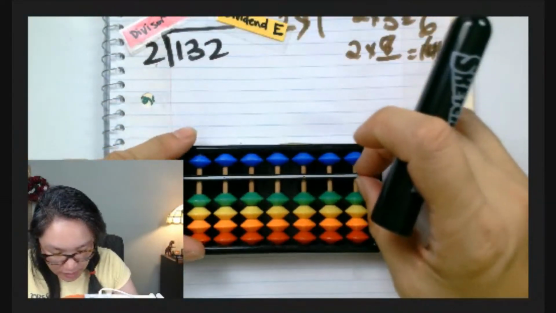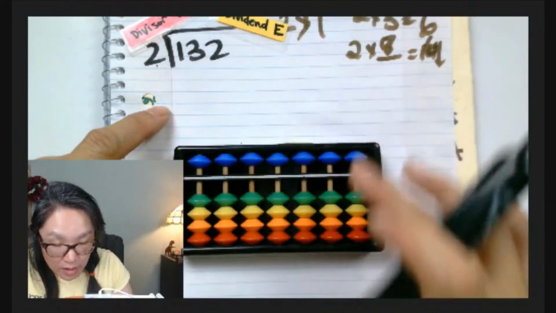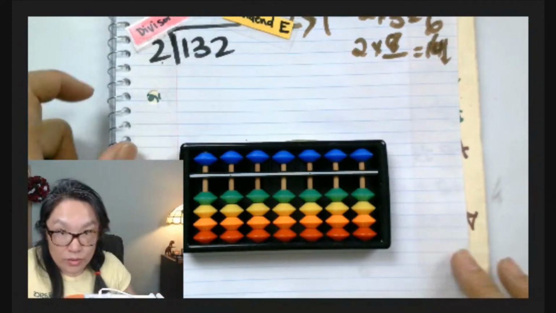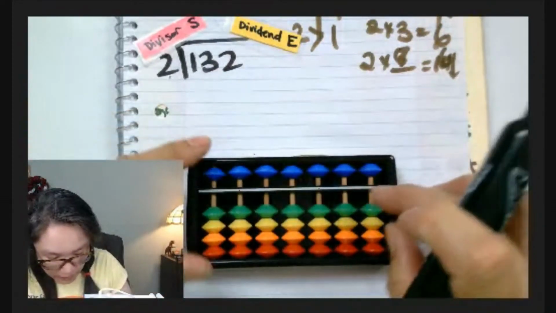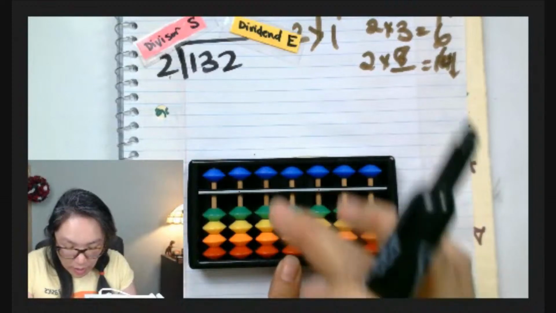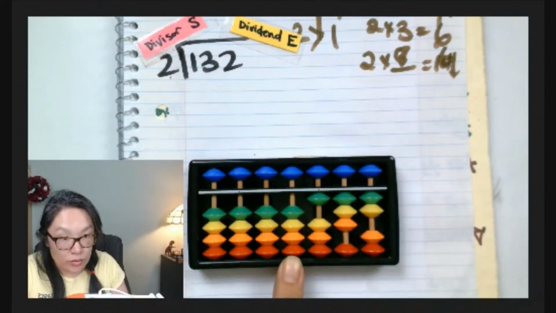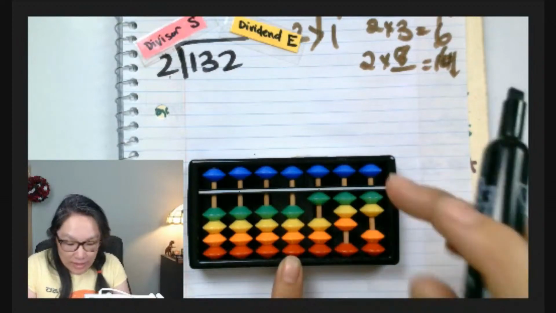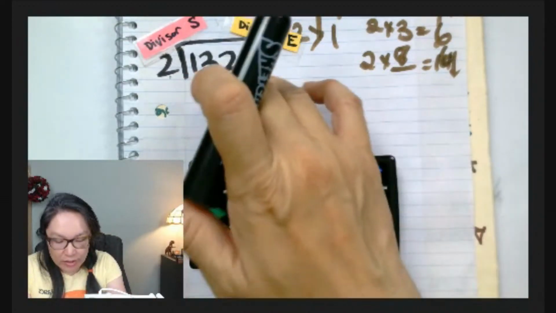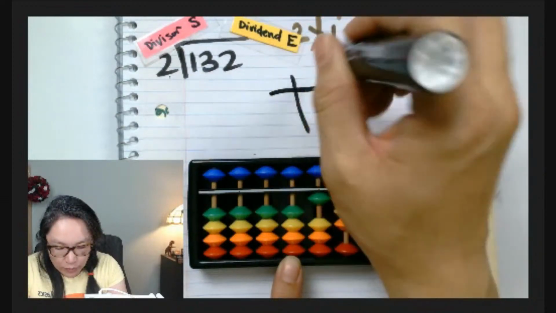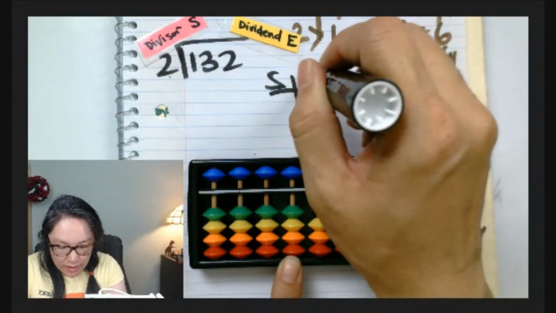Where do I start? I start at 2 because it's the same, right? Okay, I'm going to start at 2. I'm going to put my dividend here: 1, 3, 2. So now I have my dividend here, and I don't need to look at this anymore. When I make up my chart, it's divisor and dividend.